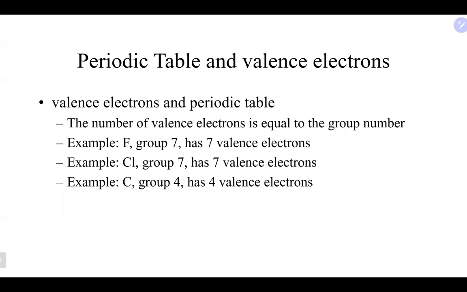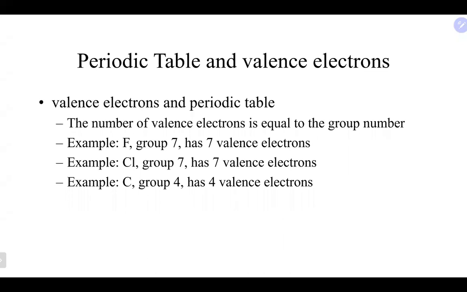Group 3, which is boron, 3, 4, 5, 6, 7, 8. So nitrogen is group 5, which is how come it has 5 valence electrons, those that we just highlighted. Carbon would have 4 valence electrons. Oxygen would have 6.